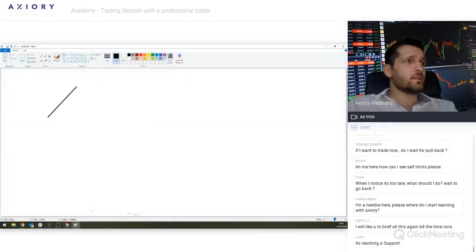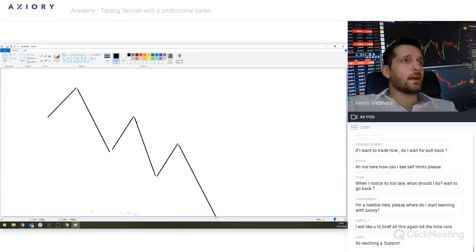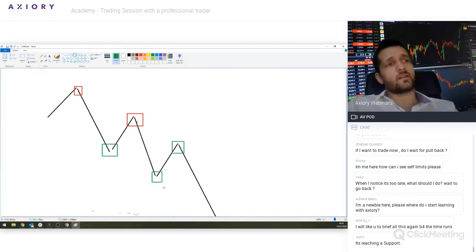When there is a downtrend, so price making lower lows and lower highs, I am focusing on the selling here, here, or here, instead of selling here or here.